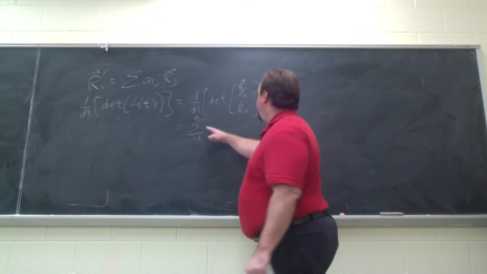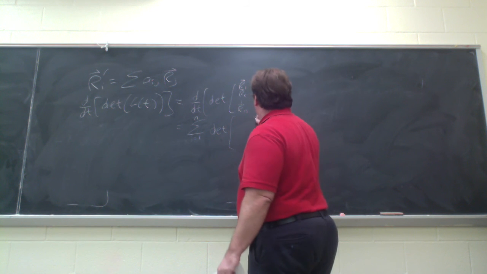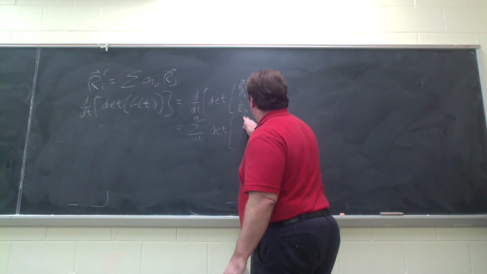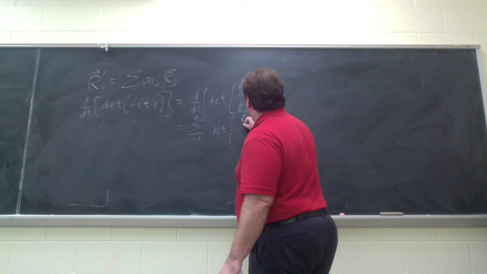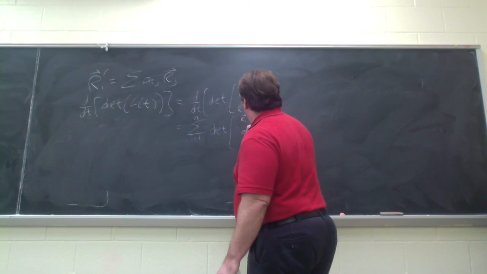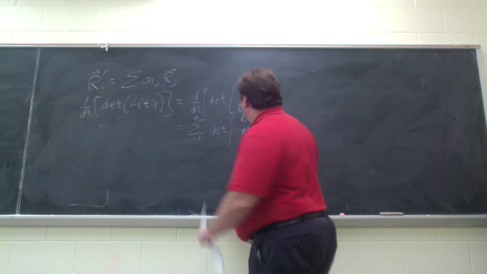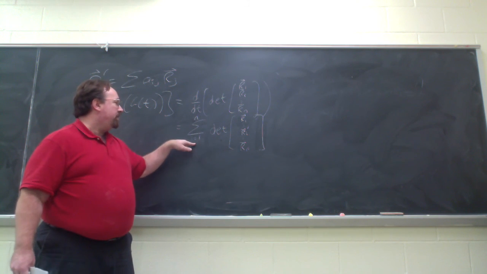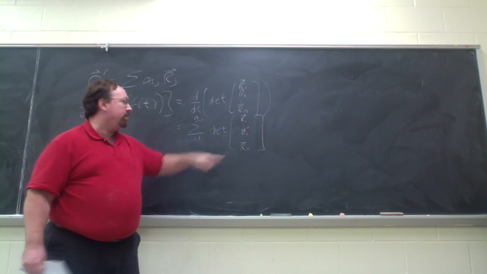So the derivative is the sum of determinants, R1, Ri prime, and so on. In each term of this sum, row i, and only row i, gets differentiated. All the other rows get left alone.